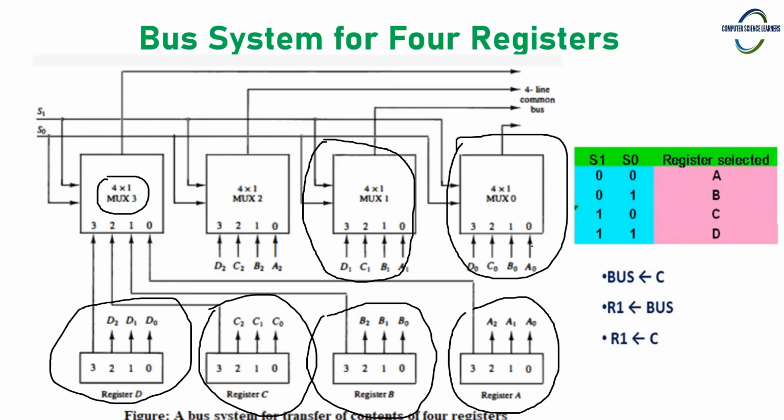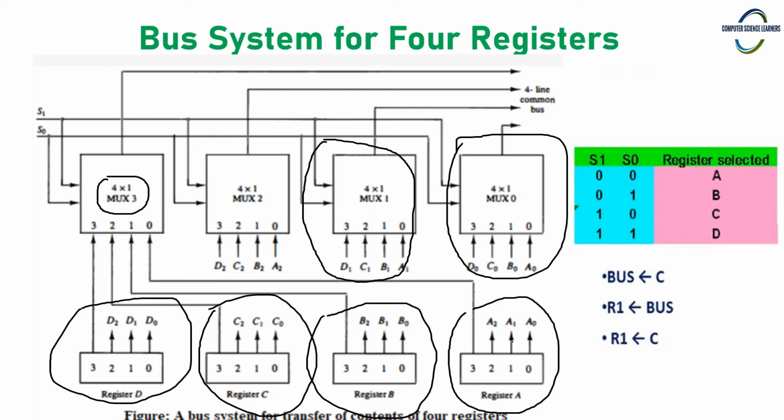First of all, let's see how many multiplexers we'll be using. You can see here, every multiplexer is giving me 1 bit from a register. So the number of multiplexers will be equal to the size of the register.